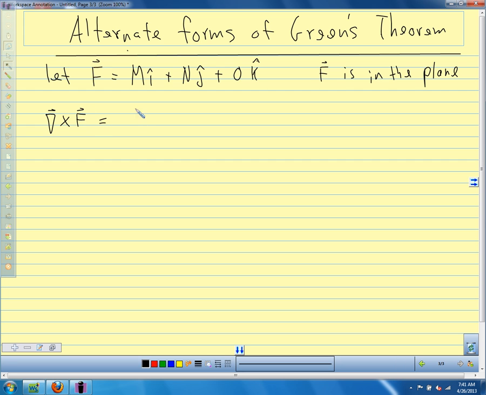So the curl of f is this determinant of m, n, and 0.